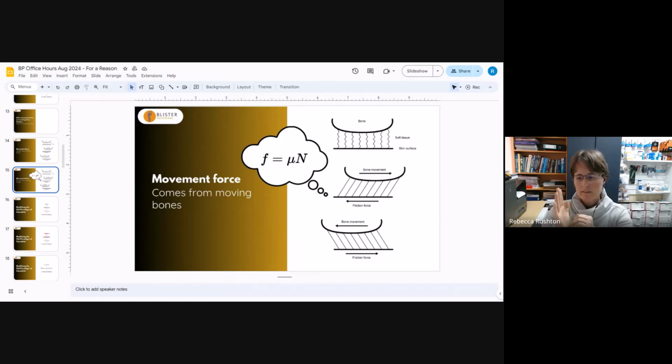So let's say the skin and the sock, they have a certain coefficient of friction. And so friction equals the coefficient of friction times the normal force, which is basically pressure or the compressive force. So friction isn't rubbing. It's a force of resistance.